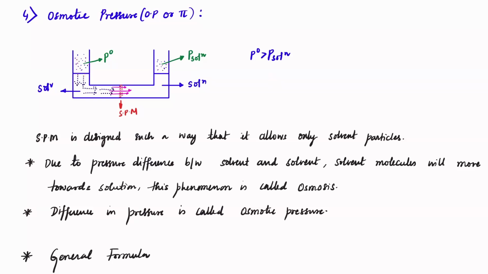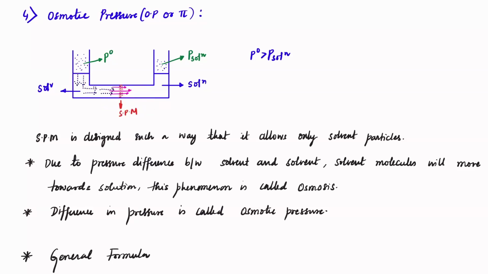Because the pressure is more, and you know that the semi-permeable membrane will only allow solvent particles to move, it will not allow solute particles to move through its filters, the liquid will start to move from solvent towards solution. Got it?